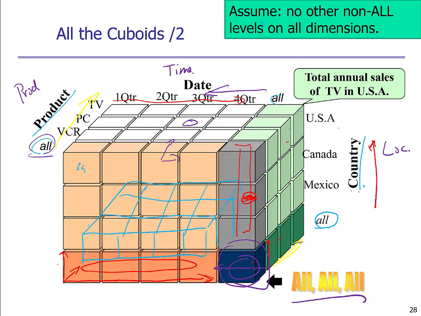This example is kind of not that good, because we assume all of these 3 dimensions only have 2 levels. But you can imagine if, for example, between country and all, we actually have a region or whatever, right? Then can we build a cuboid for different products in different dates across all the regions? No, that's meaningless. Sorry.